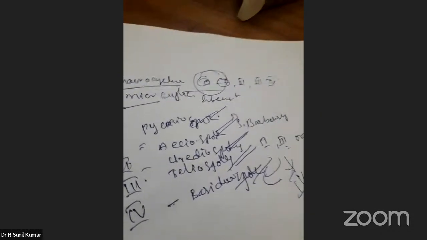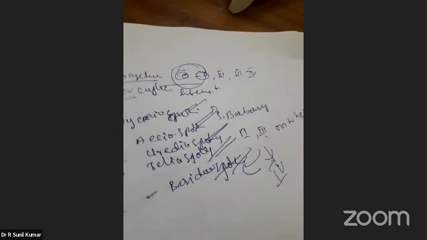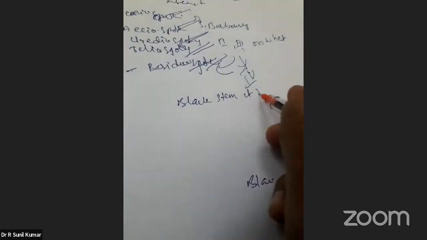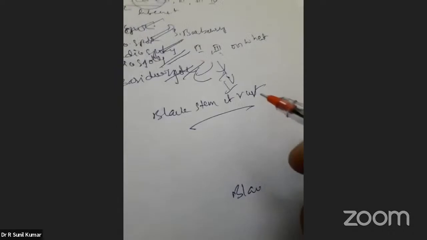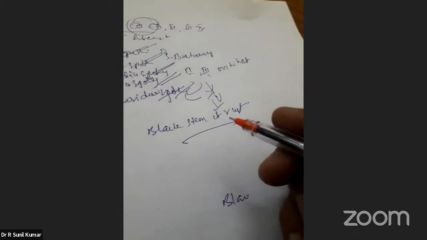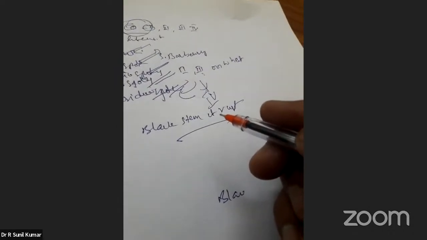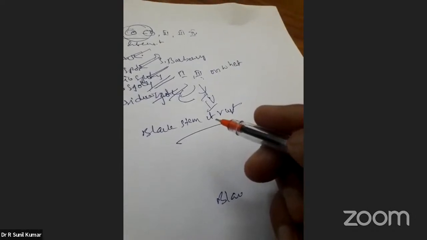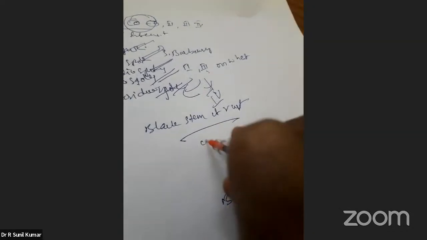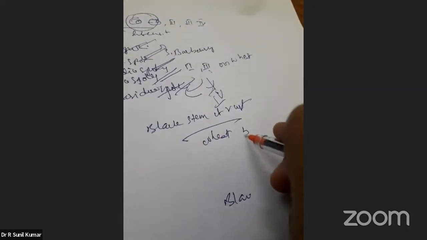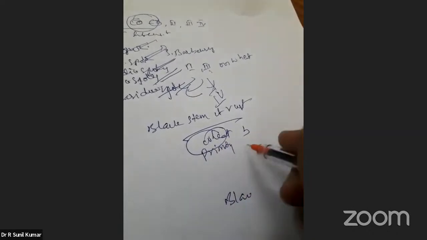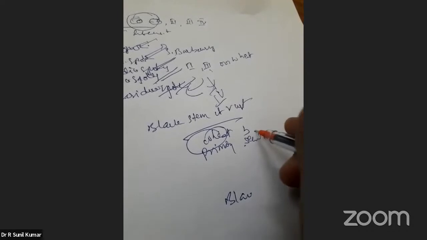Puccinia graminis tritici is macrocyclic and heteroecious, completing its life cycle on two hosts: one is wheat, another is barberry. The primary host is wheat. The secondary host is the barberry plant.